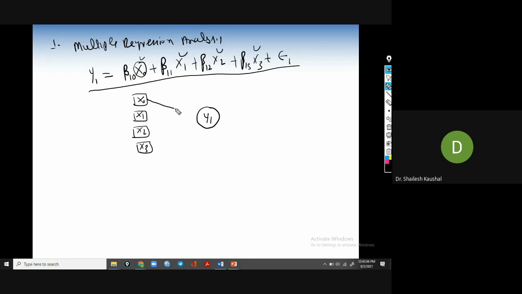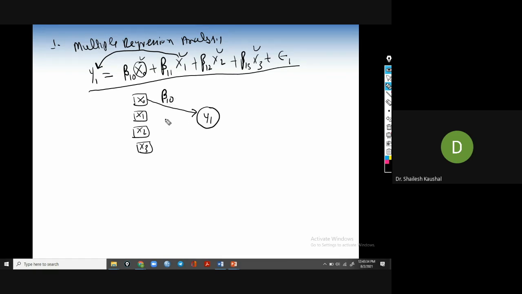And x0 influencing y1, as you can see, x1 influencing or affecting y1. So y1 is affected by x0. So I am writing here, y1 affected by x0, so beta 1 0.